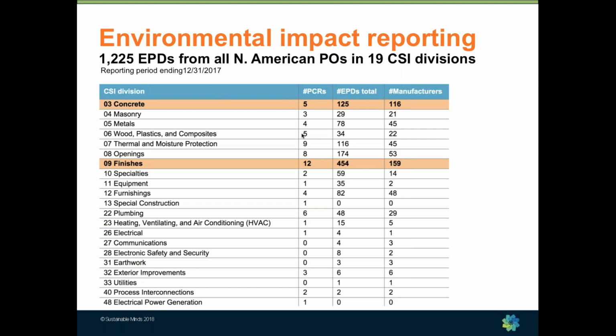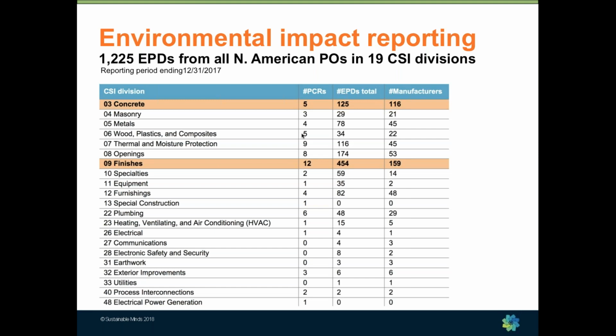So at the end of 2017, and we'll do this again at the end of 2018, we produced a trend report and looked at, in this case, you're seeing the data, the total number of EPDs that had been created and that were currently valid from all the North American program operators.